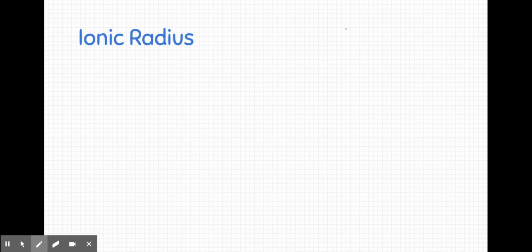So let's just take a look at an example here of an element such as magnesium. If you look at your periodic table, you'll see that magnesium typically forms a 2+ ion. So we would say this is the common ion or the naturally occurring ion that magnesium forms.